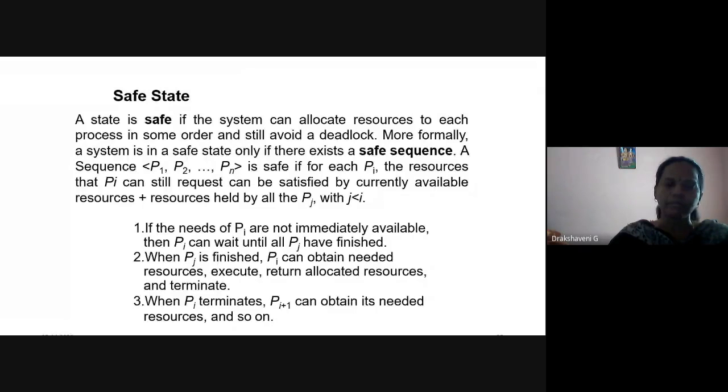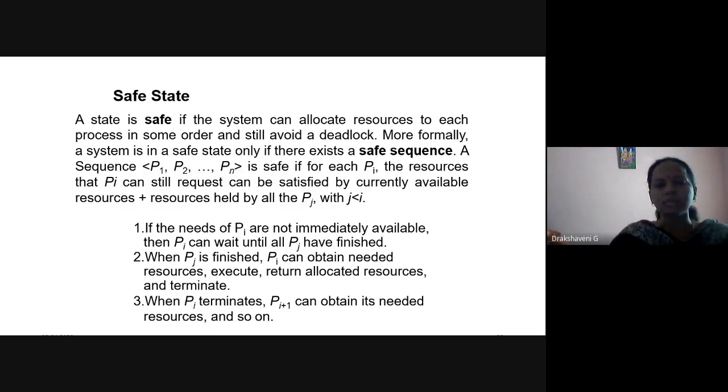Then what is the second step? When Pj is finished, Pi can obtain the needed resources, execute, return allocated resources, and terminate. When Pj is finished, now Pi can take them and execute its work. Then after completing, it can give back. That's the second step.